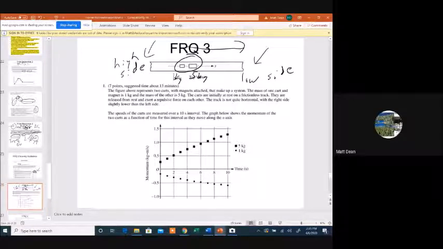So we're getting graphs here of the momentum versus time for the two carts. So the 5 kilogram cart, notice it is moving with a positive velocity, which means it's going to be moving to the right. And the smaller cart is going to be moving with a negative velocity or negative momentum to the left. So let's look at the first part of the question.